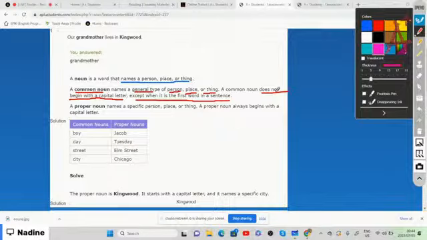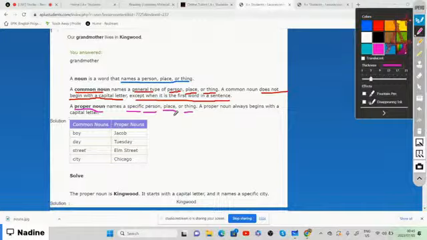However, a proper noun names a specific person, a specific place, or a specific thing. And when we say specific, it means that instead of saying girl, we are going to say Sarah. Instead of saying boy, we are going to say Jack. Instead of saying just city, we are going to name the city or the town or the place and say Toronto or South Africa or Europe, right?